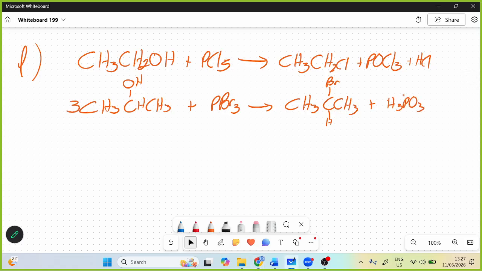And to balance that, you need the 3. This is the same thing with PCl3. PCl3 will need to give the acid. POCl3 is a solid that precipitates and doesn't react with water. POCl is what you would have, would be very reactive. So it ends up forming H3PO3.